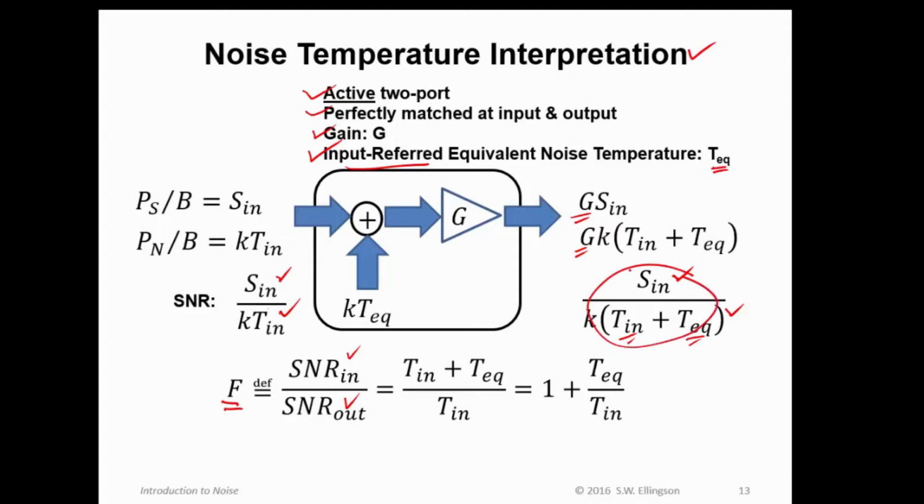If we divide this by this and get rid of the common factors, we get Tn plus TEQ divided by Tn, and we see that we can rewrite that as 1 plus the ratio TEQ divided by Tn. So this expression tells us how equivalent noise temperature is related to noise figure. So now we have a way to talk about two ports in terms of either equivalent noise temperature, this thing here, or noise figure. We can do it either way because we can convert back and forth using this relationship.